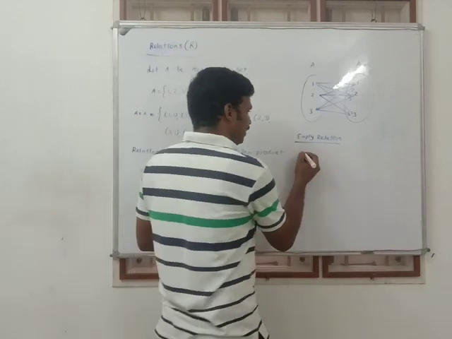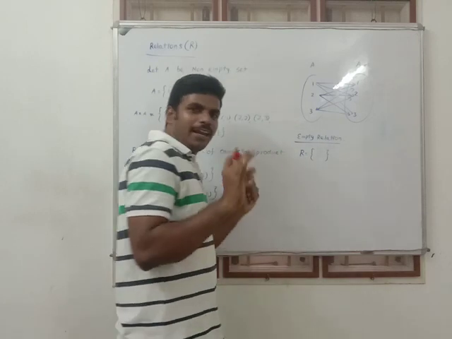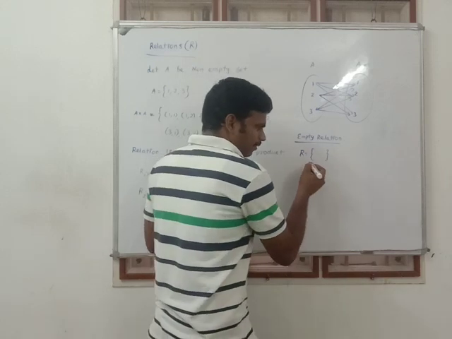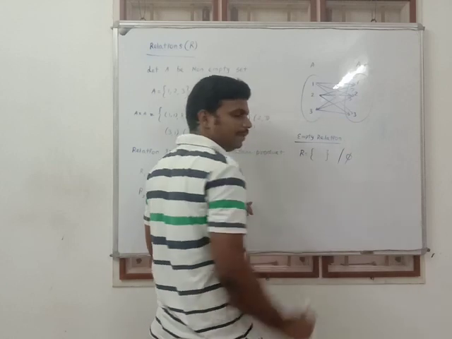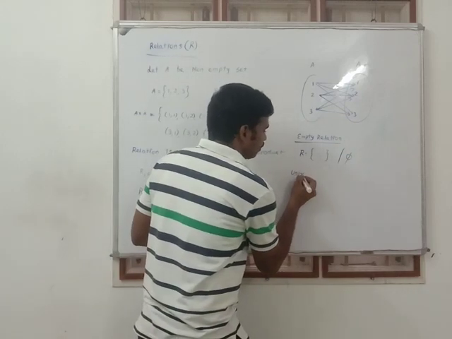Similarly, in a relation, if there are no elements, then this relation is called an empty relation. We can write it by using the empty set symbol.